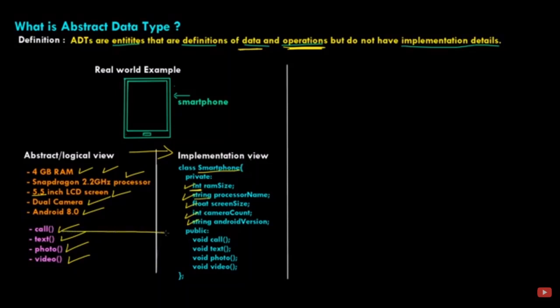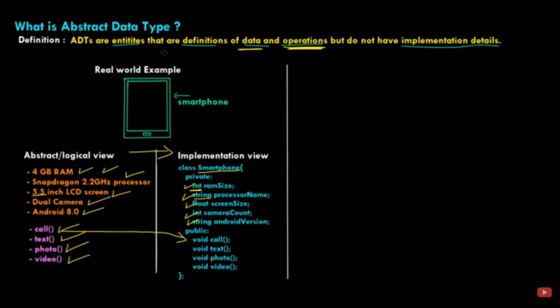And we have some functions which can be used for calling, making text, video, photo, all these things. So this is the implementation view, how it is differing from the data abstraction or abstract view. So abstract view and implementation view are somewhat different.